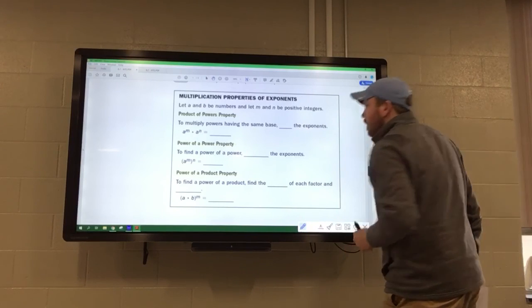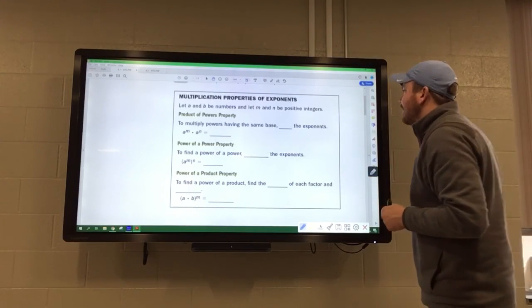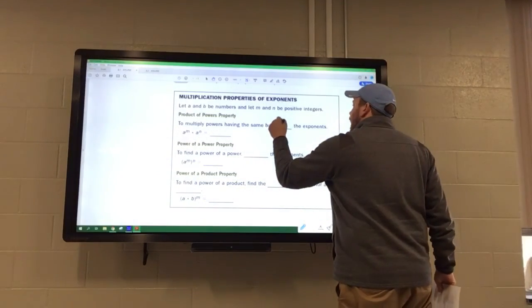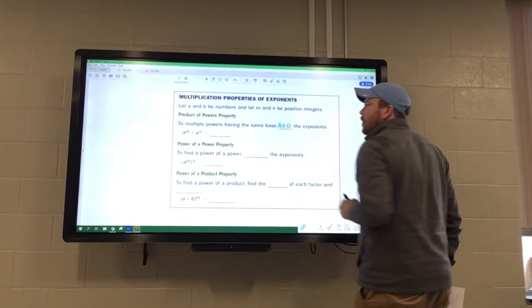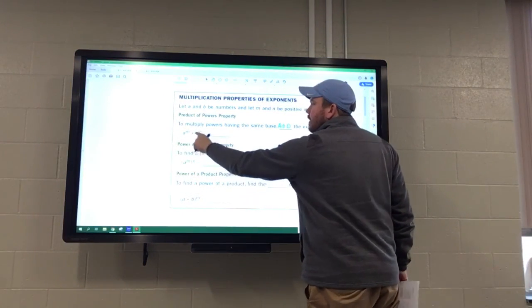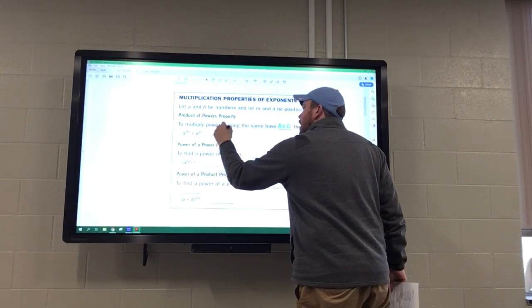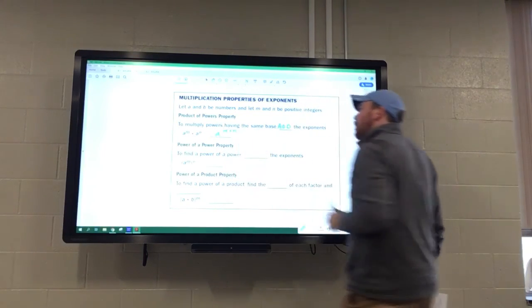For the product of powers property, to multiply powers that have the same base, we add the exponents. For example, if we have a to the power of m times a to the power of n, we keep our base of a and we add our exponents.